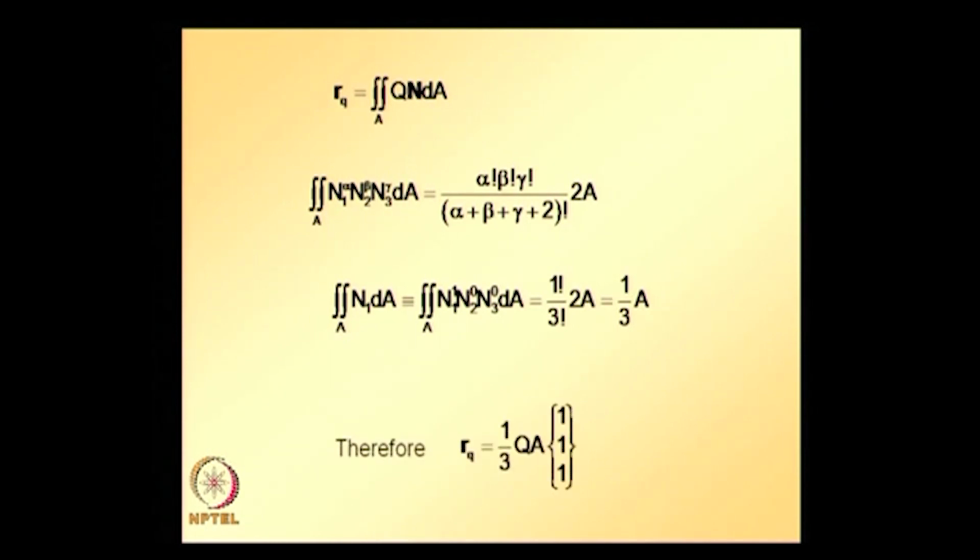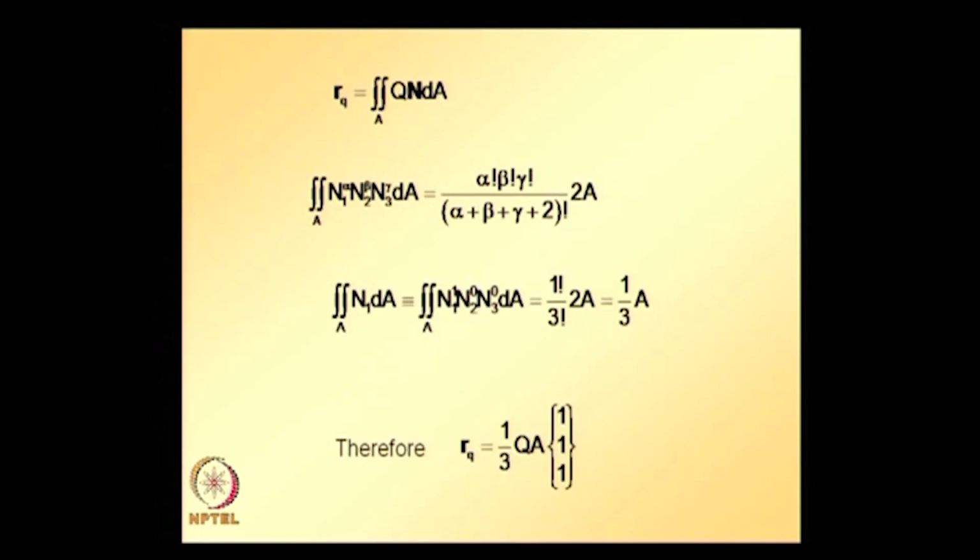Similarly, evaluating other components, that is integral n2 over the triangular region and integral n3 over the triangular region, we get all the components of Rq, and Rq can be written like this. And here once again q is constant, then only this is valid.